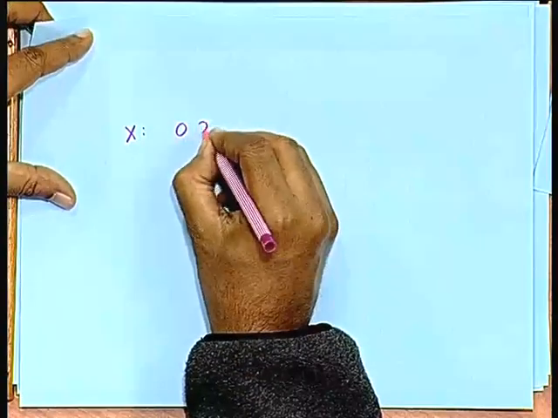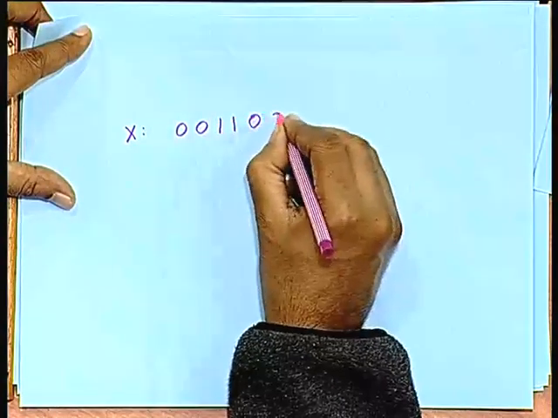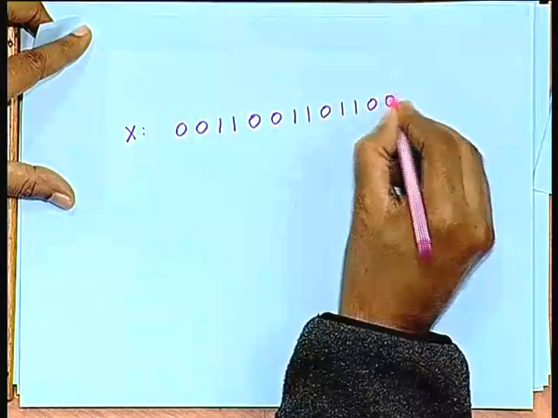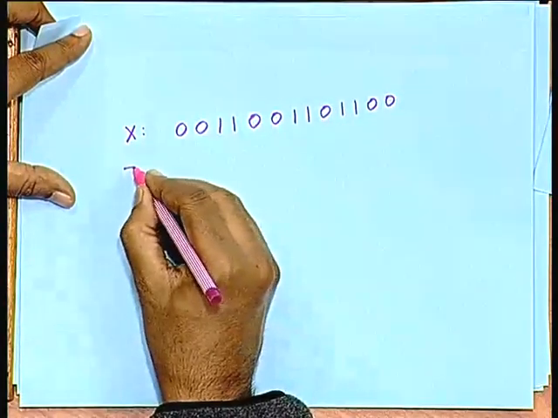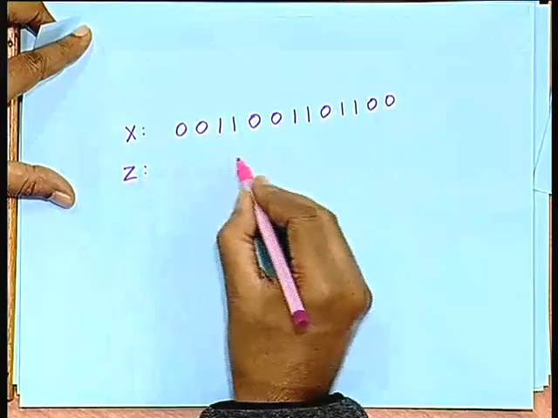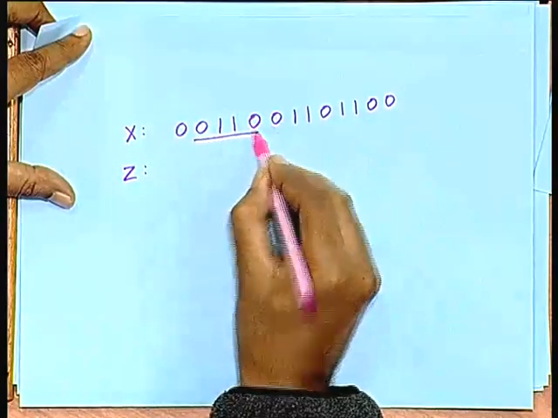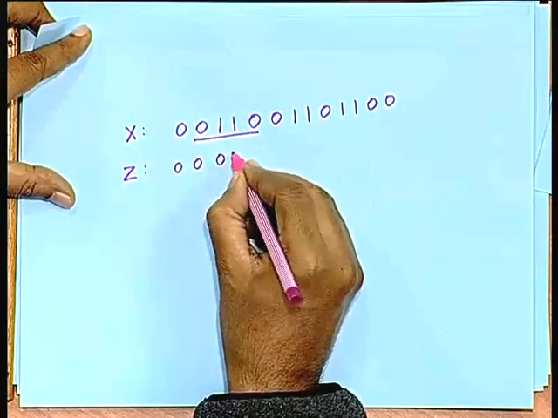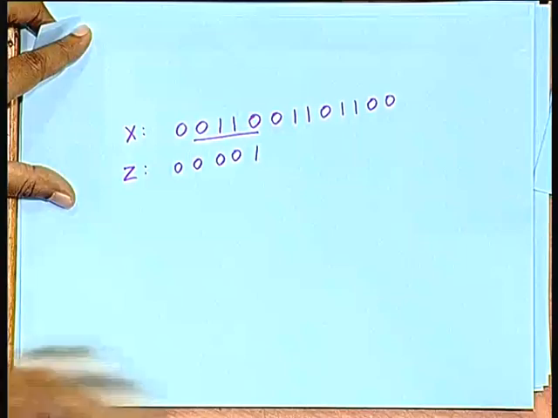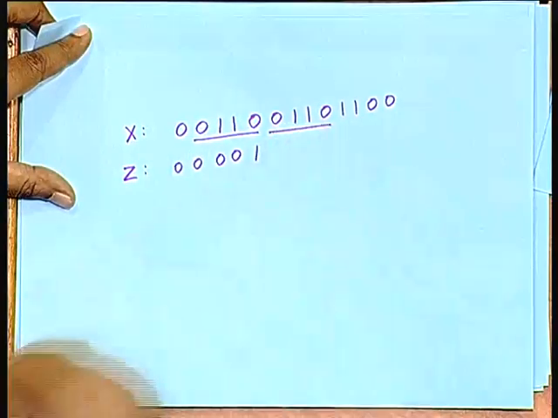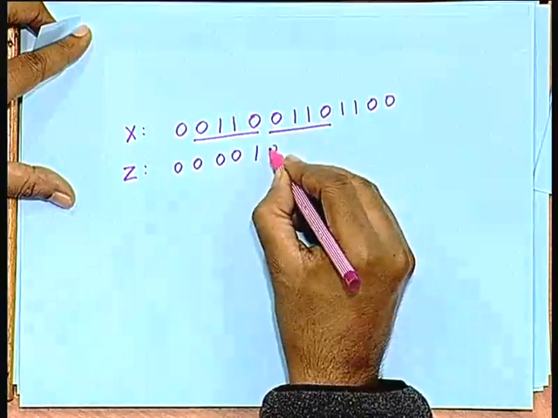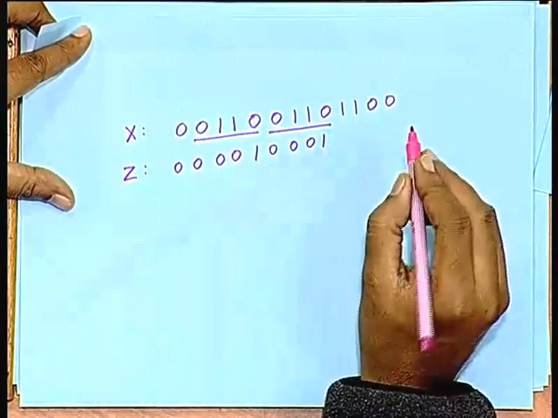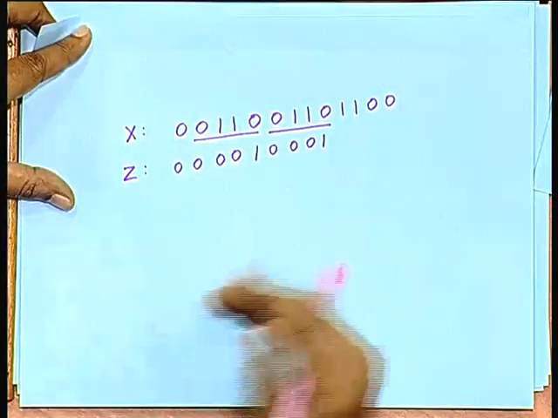Suppose I have a pattern 0 0 1 1 0 0 1 1 0 1 1 0 0. The output z will be detecting the first 0 1 1 0 pattern here, so the output will become 1 here. It will detect the second 0 1 1 0 pattern here, so the second time the output will become 1 here. And the way we will be designing, we will also be allowing overlapping patterns.